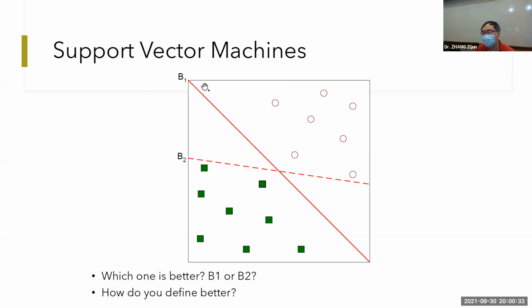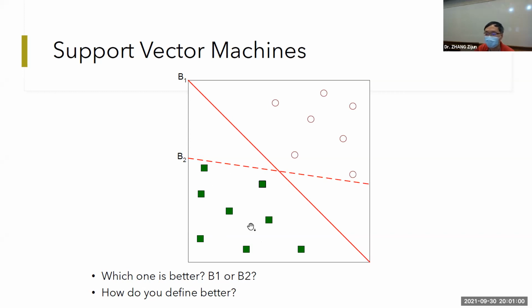If we have full freedom, we could have quite a number of options. For example, we can have decision boundary B1. We can also have decision boundary B2 to separate the points into two classes. But we definitely want to find the one which is more optimal, a better decision boundary.